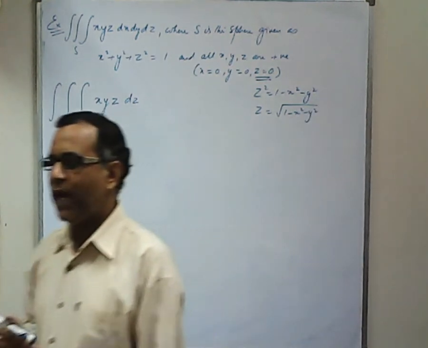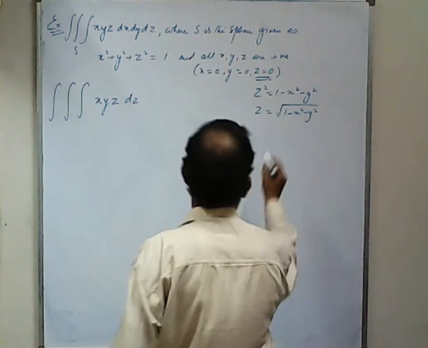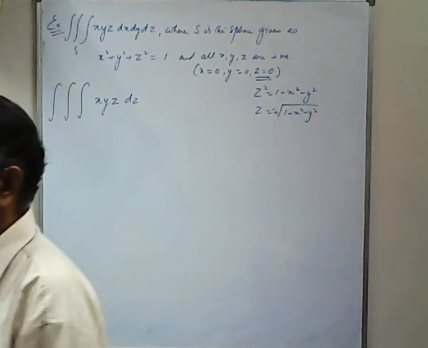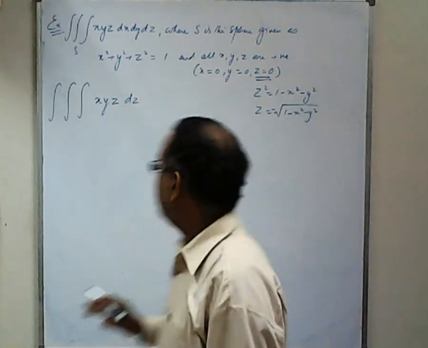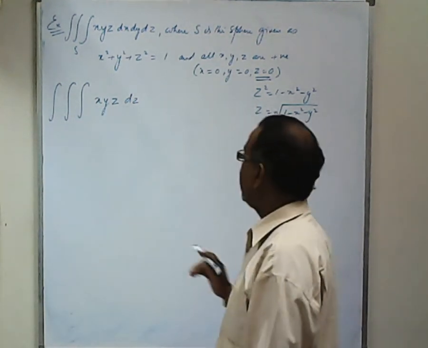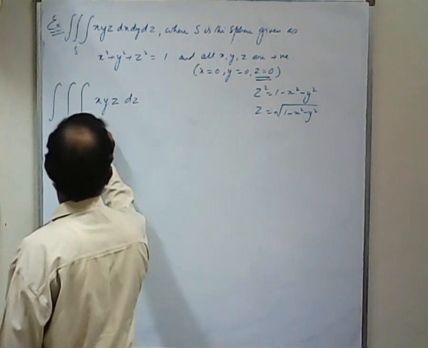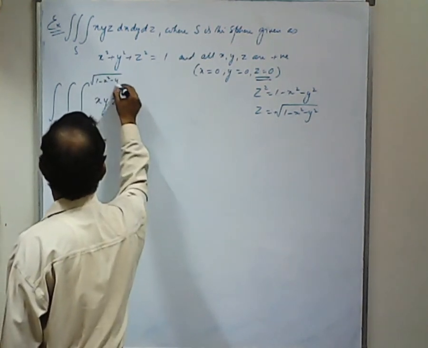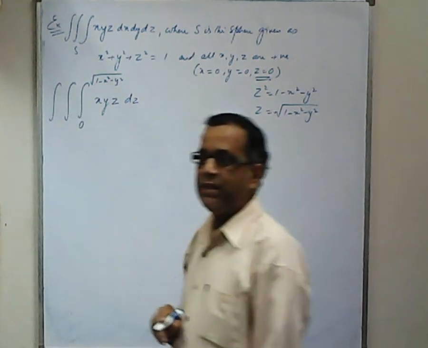Since I have two values, minus and plus, and I have the option, it is better to just use the positive value. So z equal to 0 is one limit and z equal to under root 1 minus x square minus y square is the second limit.